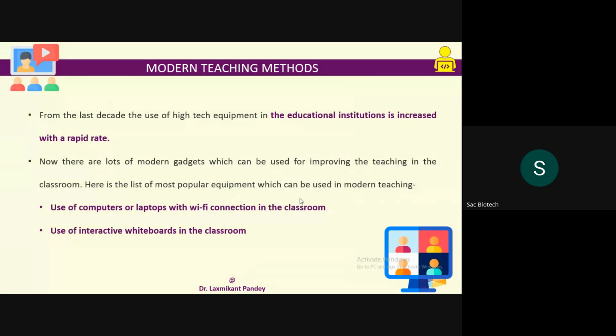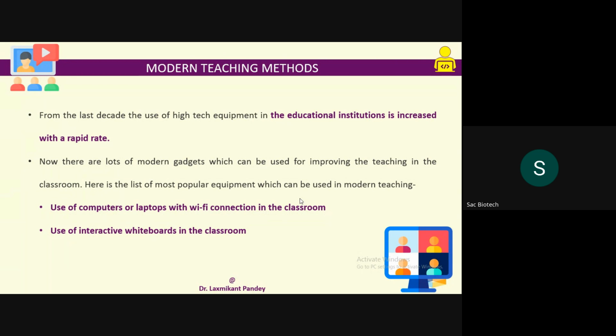Now we come to the modern teaching method. If we talk about the modern teaching methods, educational institutions have increased at a rapid rate, because, as I will discuss in a later slide, today's generation, called Generation Z, is very tech savvy and very familiar with technology.